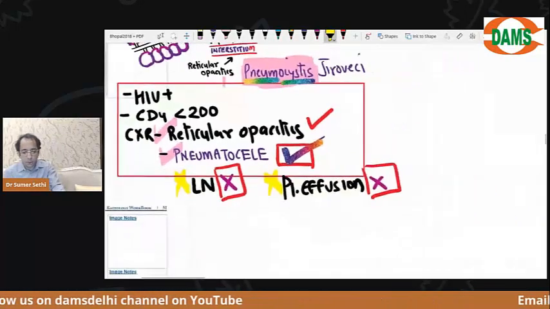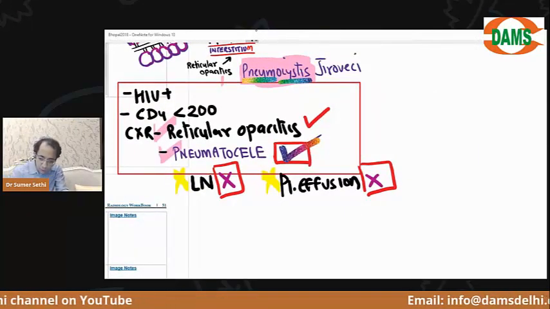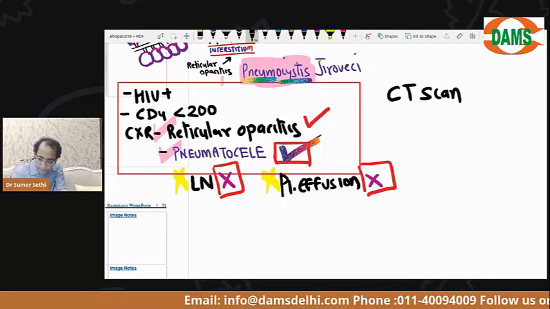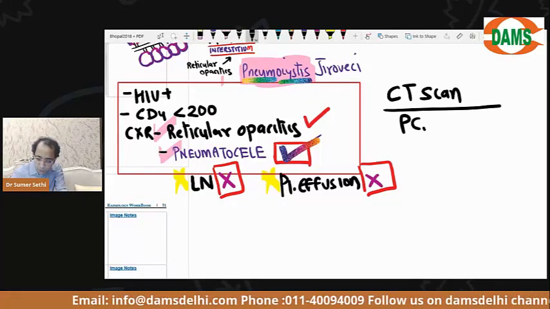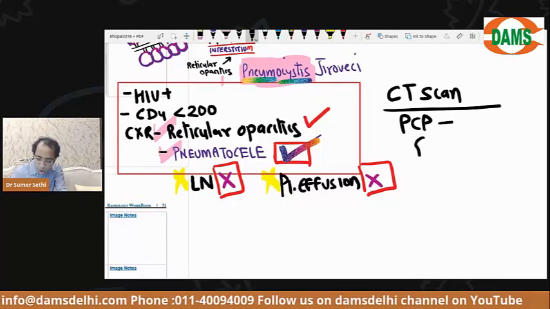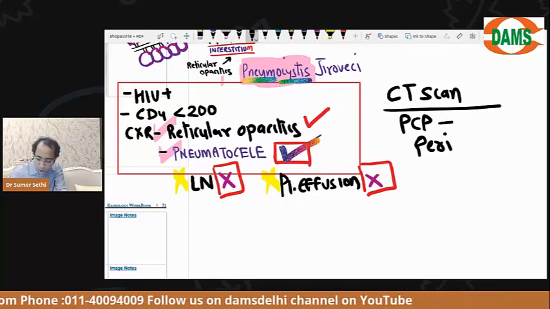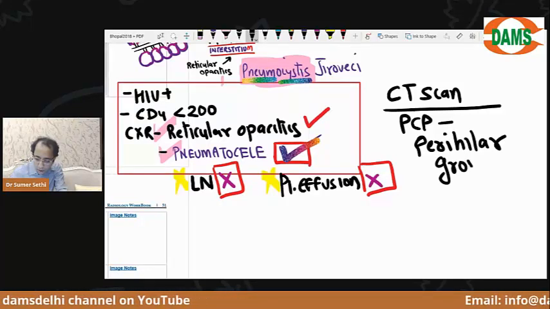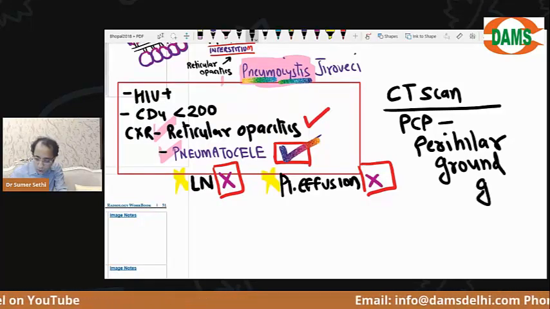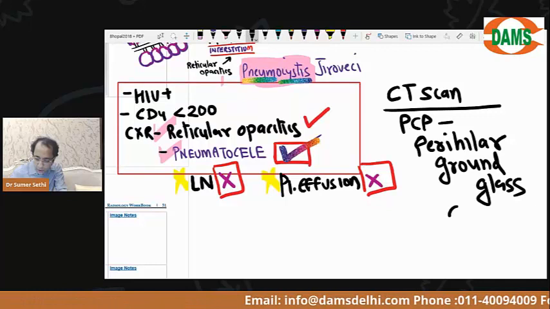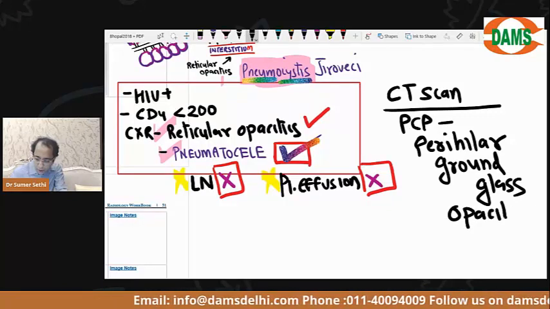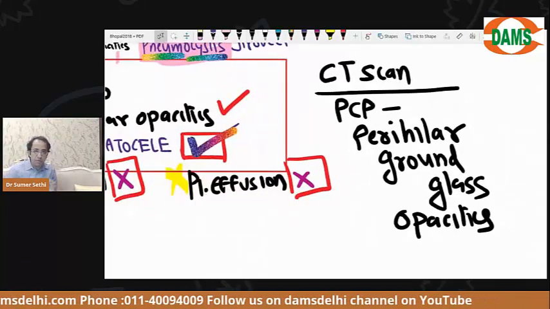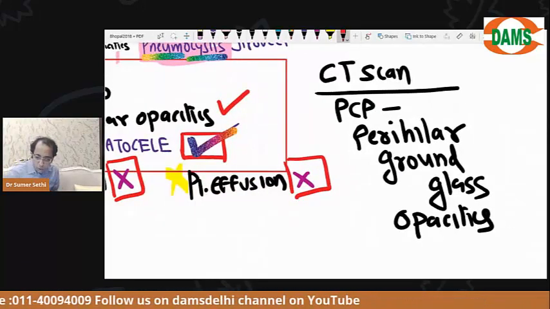Now, once you are clear, another thing I want you to remember is that when we do a CT scan, PCP pneumonia shows perihilar ground glass opacities. You might have heard of this term before, and nowadays it's a very important word to remember.